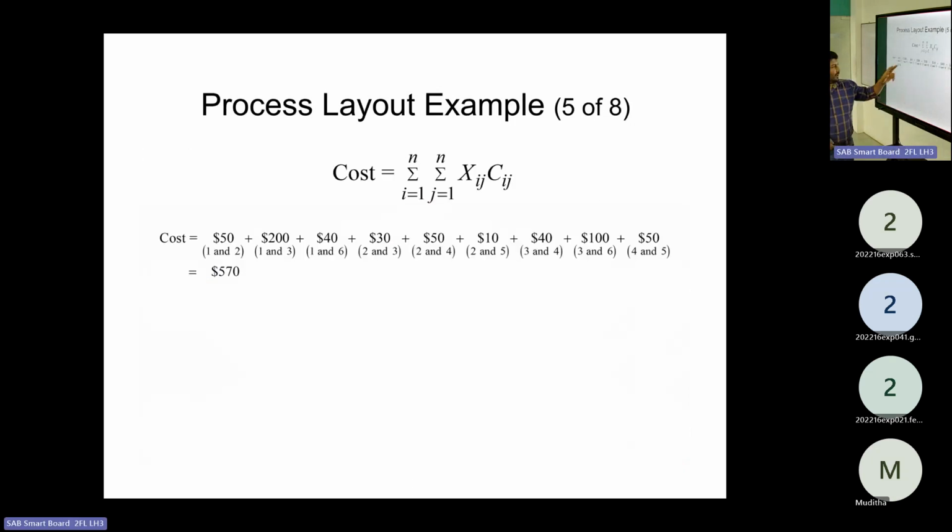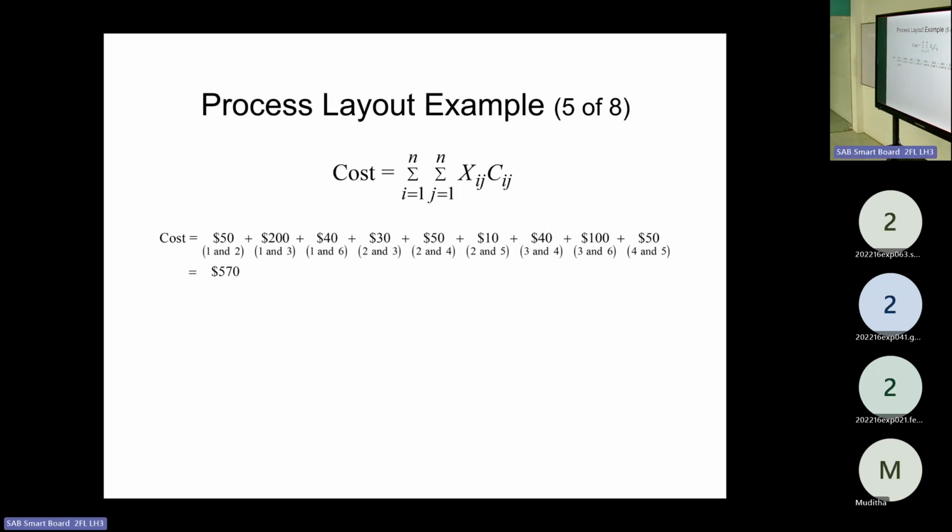So between 1 and 3, 100 into $2, $200. Right. For the initial solution, when you calculate the transportation cost, it comes to $570. It's for the initial solution.